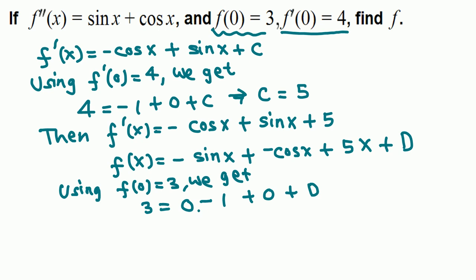Okay, 0 minus 1 plus 0 is negative 1, add 1 to both sides, 3 plus 1 is 4, so d equals 4.